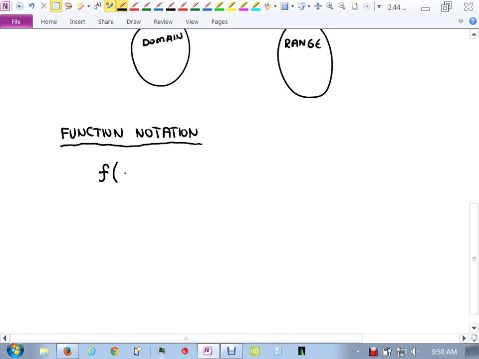And then we write in parentheses X. And what this means is F is the name of the function, and the X is the input. That's what we're going to put in. And then we say this equals something. And for this particular notation, I'm just going to call it Y. And the Y is then the what? What do you think? Yes, it'll be all of the Y's.